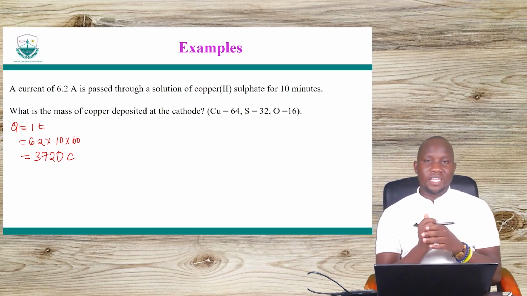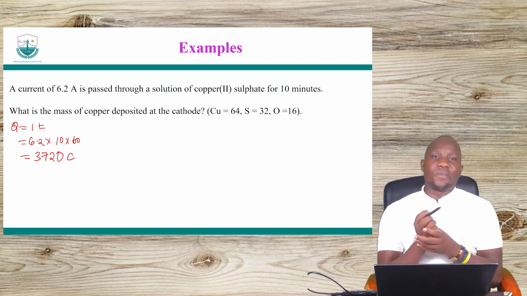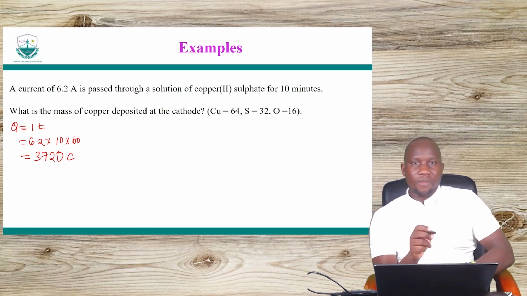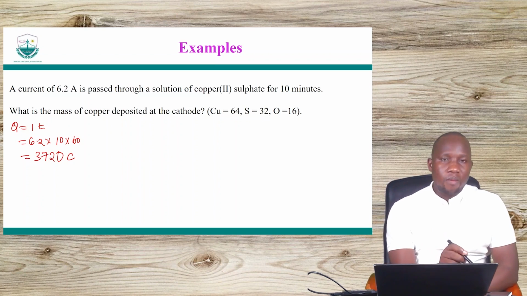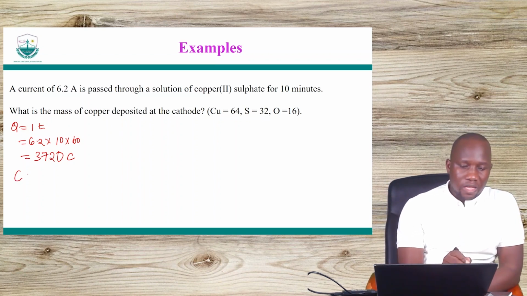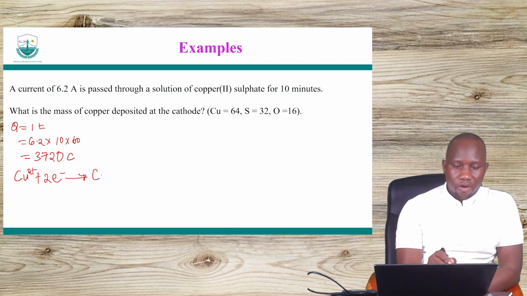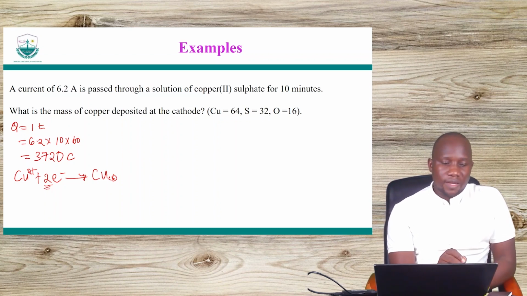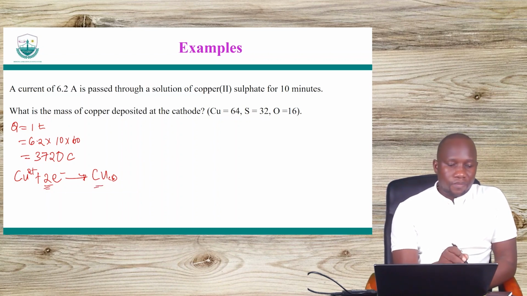So this current here, how many moles of electrons, of copper, will it deposit? That's what you don't know. But if you look at the equation, for the copper ions to be deposited, you need 2 moles of electrons to deposit 1 mole of copper, right?